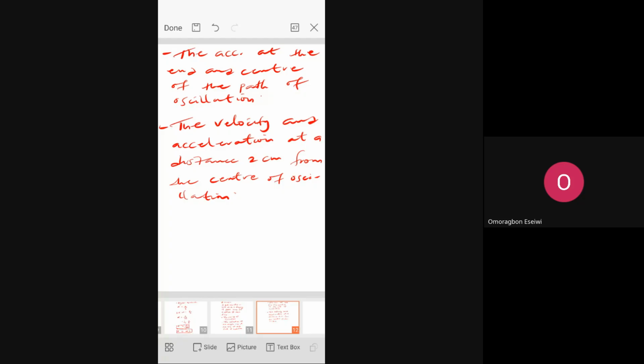And the last but not the least says we should find the angular acceleration at the end of the path of oscillation.